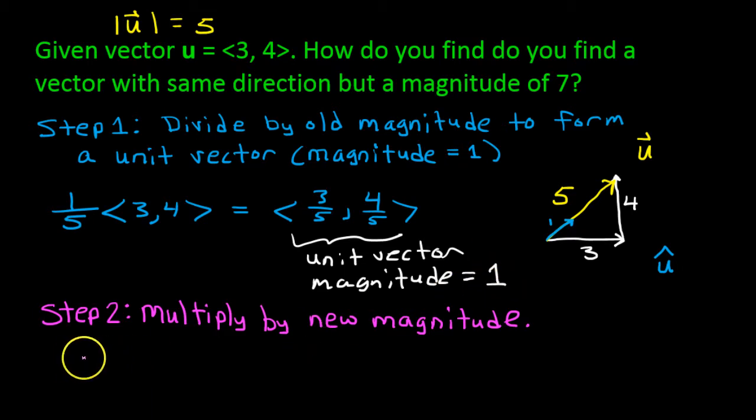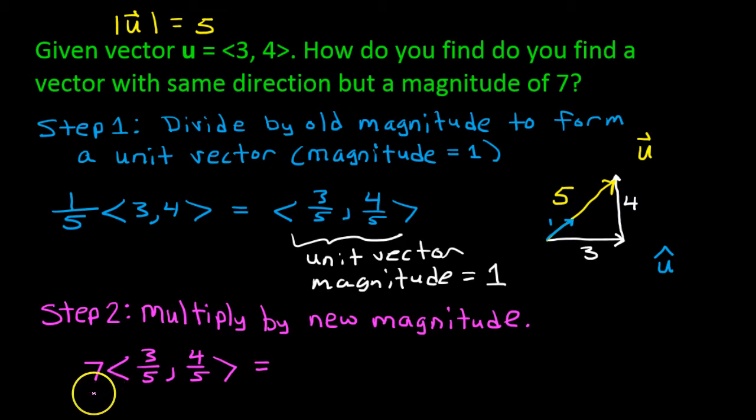So let's take our unit vector, which has a magnitude of 1, and multiply it by the magnitude that we want. In this case, we want a magnitude of 7, so all we have to do is multiply by 7, and we'll be done.